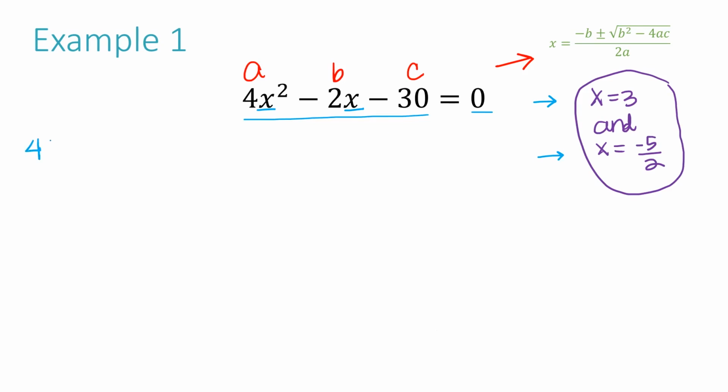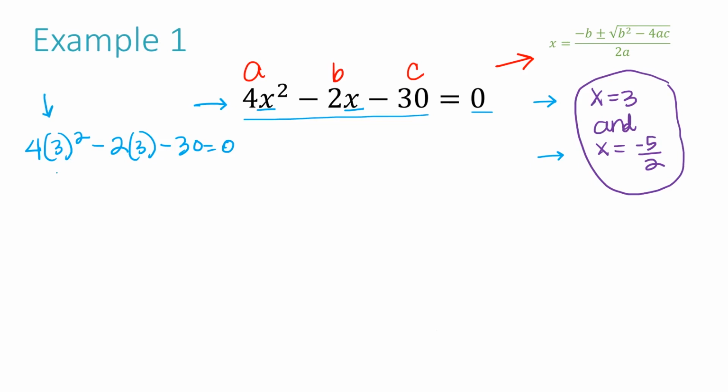4, instead of writing x, I'm going to write 3 squared minus 2 times 3 minus 30 equals 0. So I've written the exact same equation, except every time it was time for me to write an x, I wrote a 3, and I put the 3 in parentheses to clarify that I'm multiplying. So now I'm going to work all of this out.